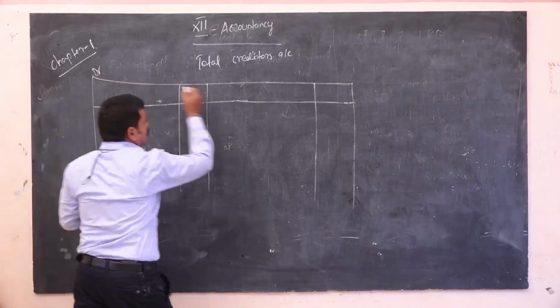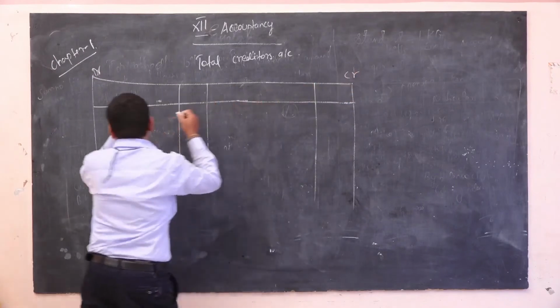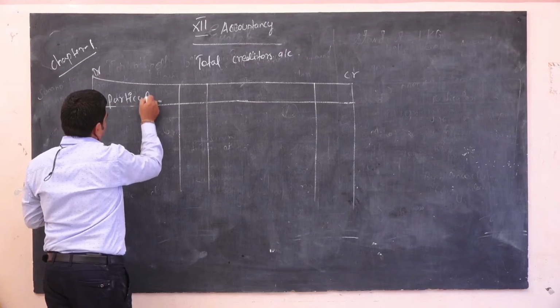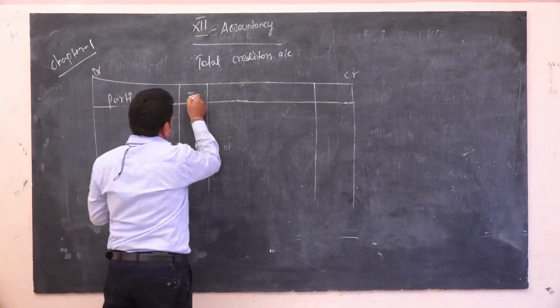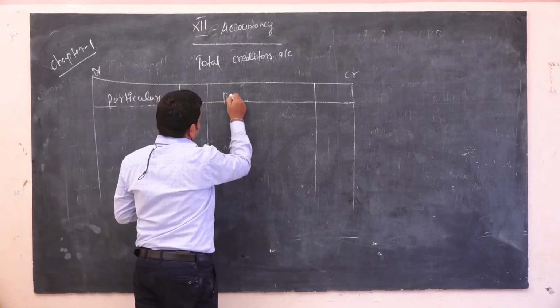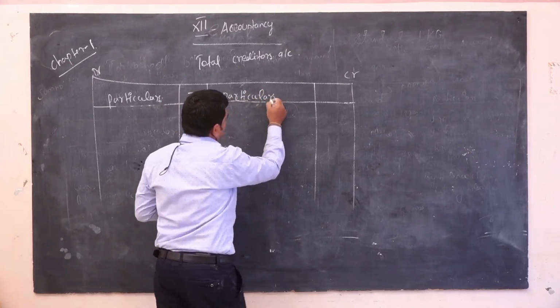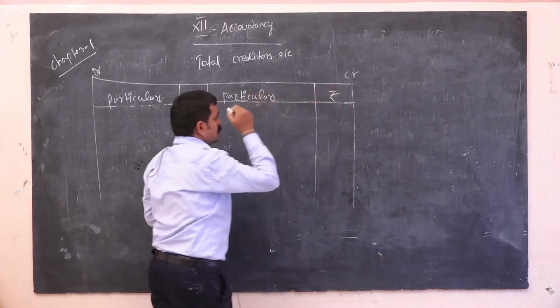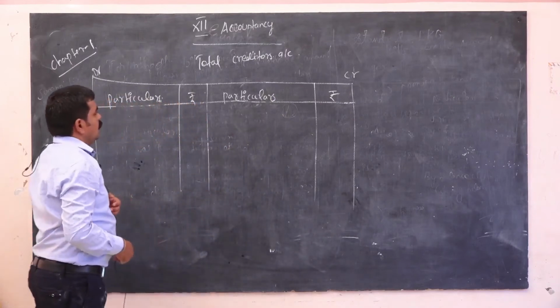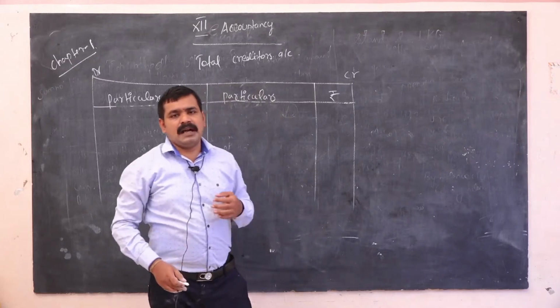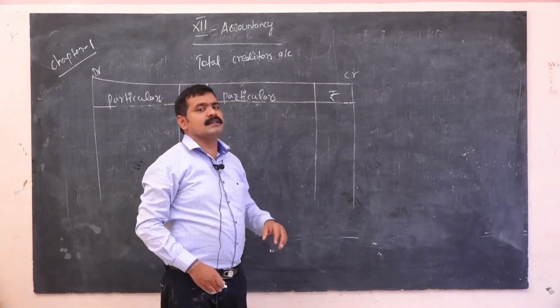Debit side, credit side, particulars, rupees, particulars, rupees. Okay, so when you are opening total creditors account, the opening balance comes under which side?